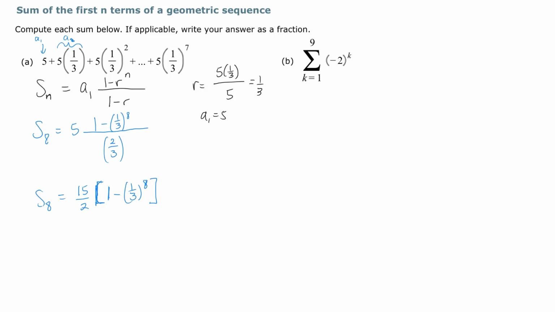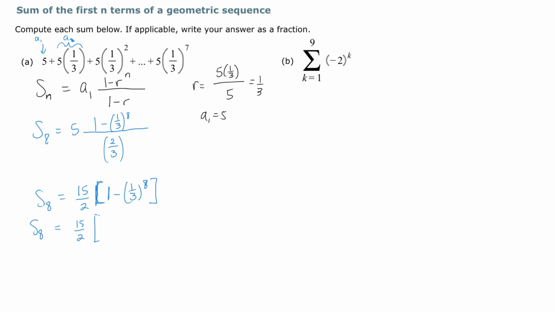Go ahead and use your calculator. Excuse me, you're not supposed to use a calculator. It says to write our answer as a fraction. So why don't we go ahead and simplify this. Take this expression, s sub 8, and we're going to do our best to write fractions here.